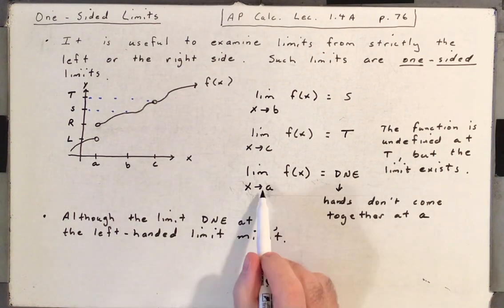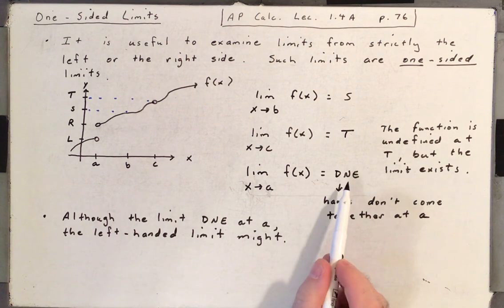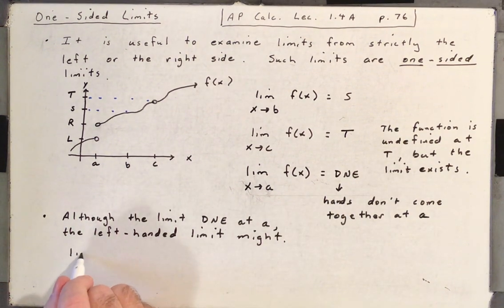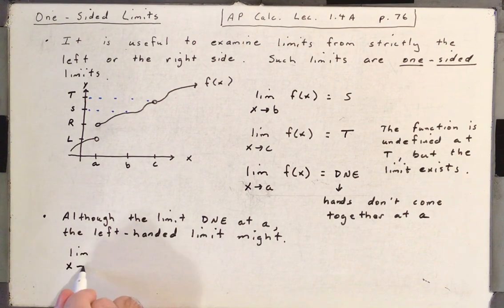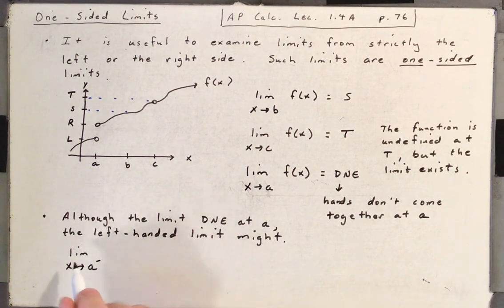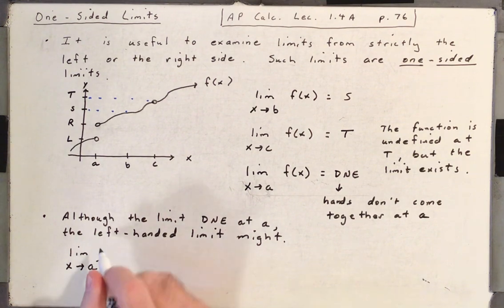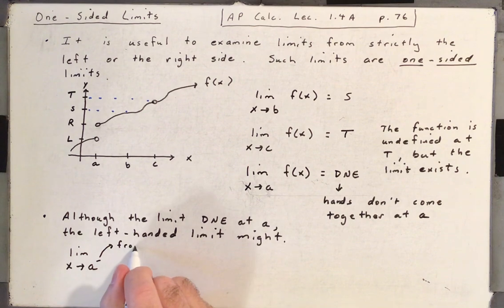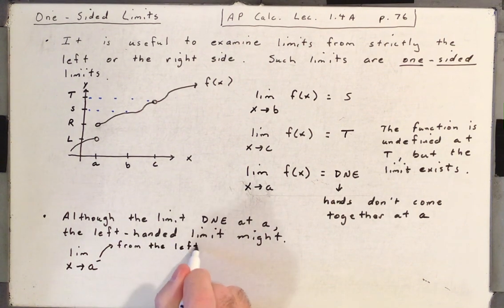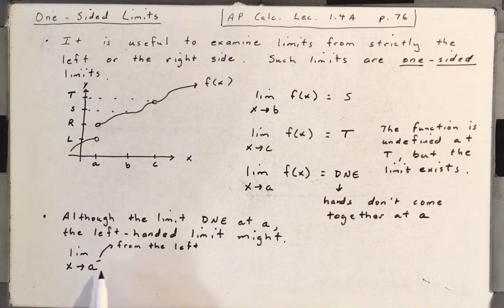Doing this as x approaches A doesn't really tell us much about the function, but how about we take the limit as x approaches A, and I'm going to put a minus sign there. That minus sign means from the left. I bet you can figure out what the plus sign would mean. So of f of x.